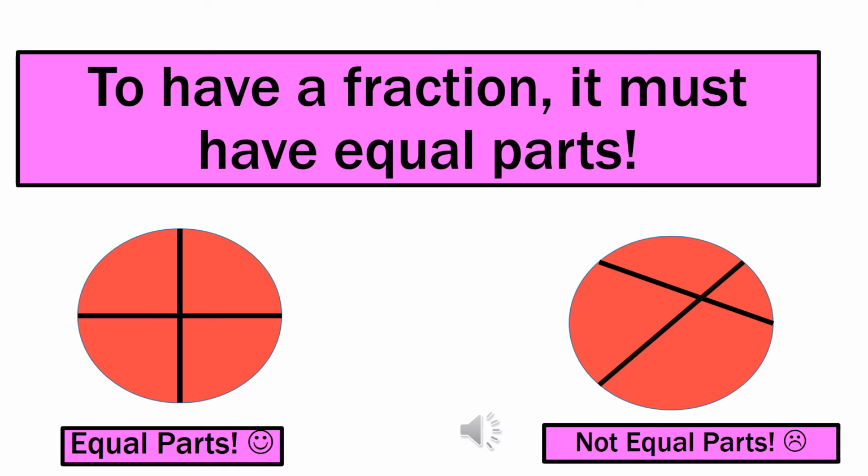I would rather take a piece of the equal parts pizza on the left because I would know we'd all get the same amount of pizza. On the right, the other pizza does not look like it's cut fairly at all. And I'm sure one of your siblings would not be very happy with the small piece. It's really important that when we cut fractions, we always make them into equal parts.